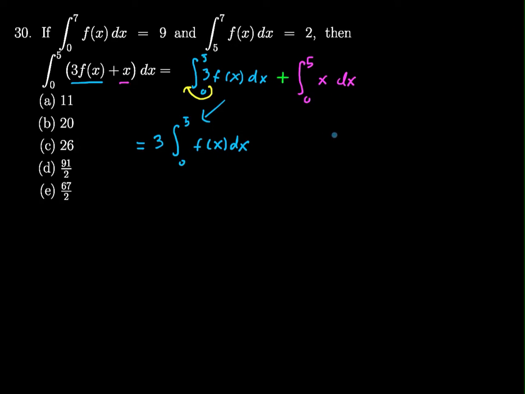I'll bring down the other integral in the end, but this will then equal, notice I only have integral from 0 to 7 and from 5 to 7. 3 multiplied by the integral from 0 to 7 of f of x dx, plus the integral from 7 to 5 of f of x dx.